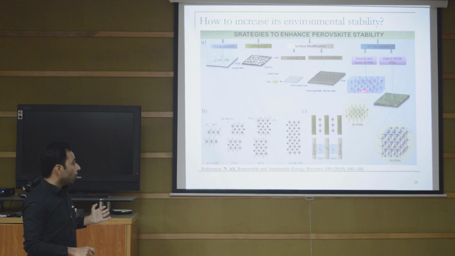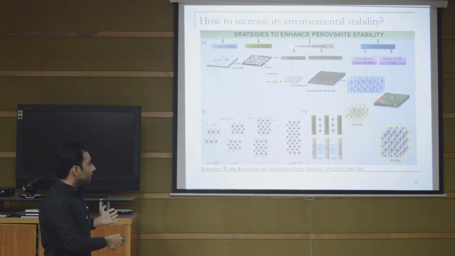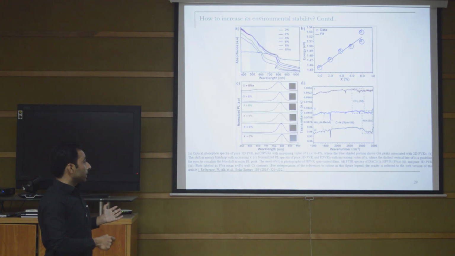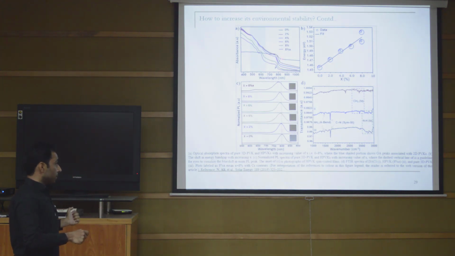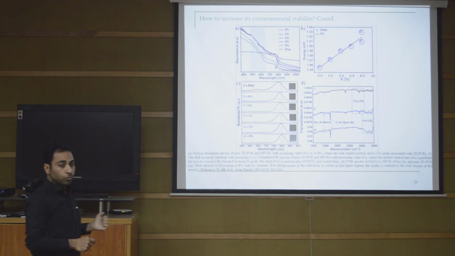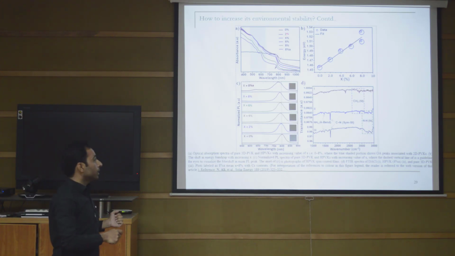So in our work we have combined the 2D perovskite with the 3D perovskite, and we get some results like this. Here, this is the typical absorption slope of the perovskite, but here you can observe some small bumps as well. These small bumps arise from the 2D perovskite, and this is from the major 3D perovskite.